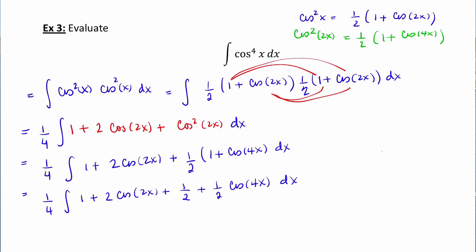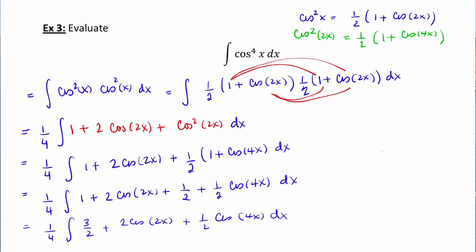Now I can even put together this 1 and this 1/2. 1/2 plus 1 is just 3/2, right? So I get 1 over 4, and then 3/2 plus 2 cosine of 2x plus 1/2 cosine of 4x dx.